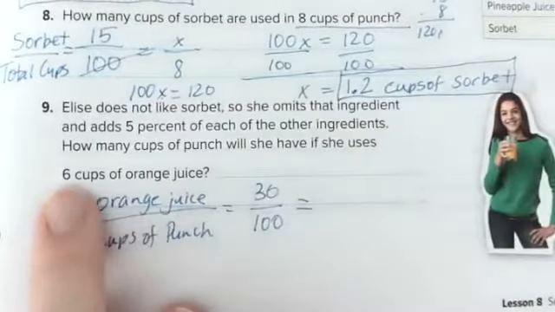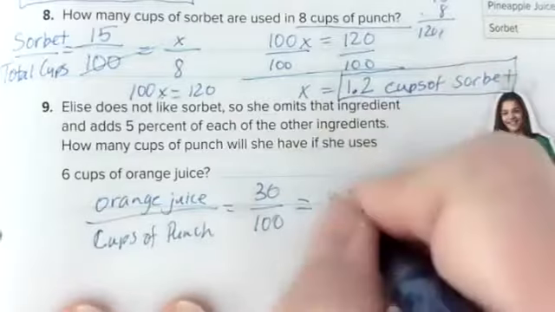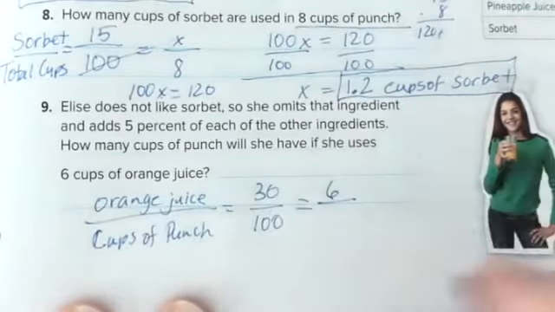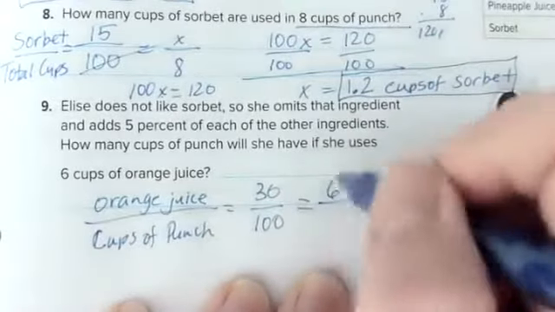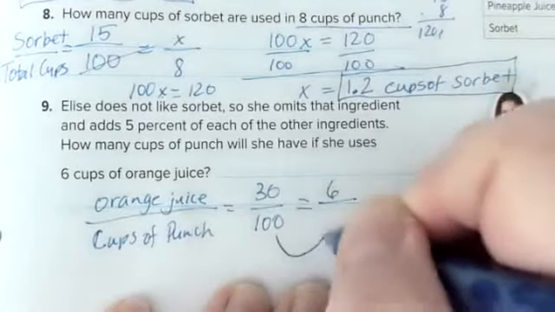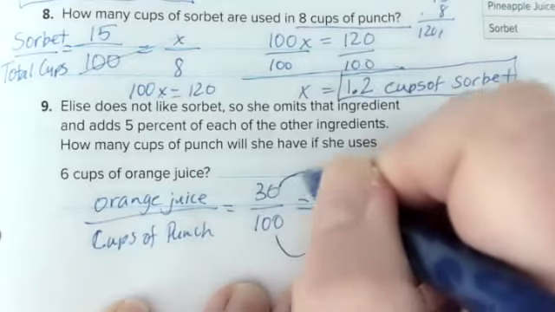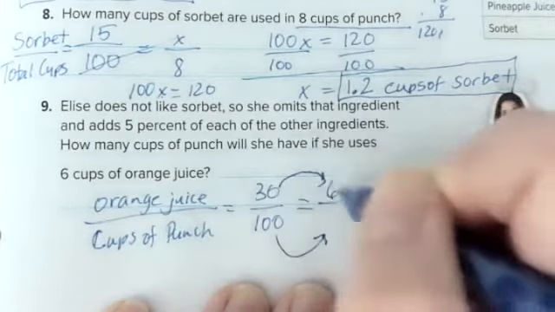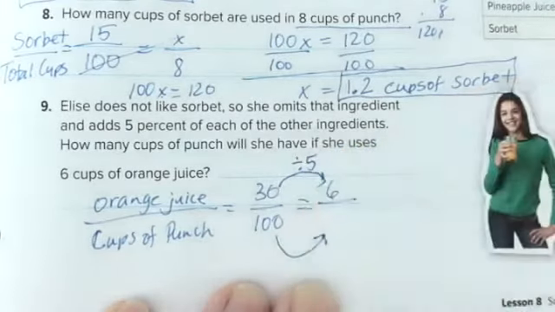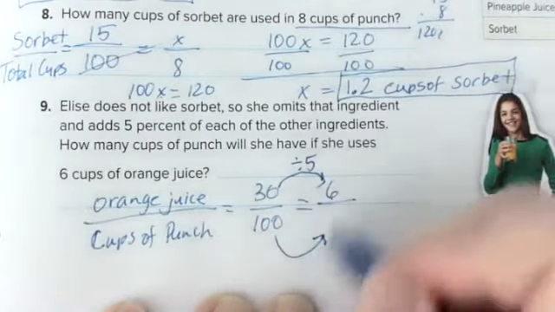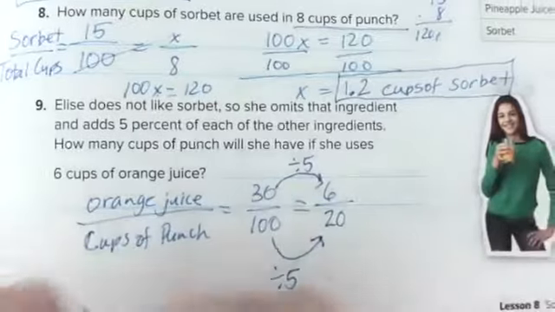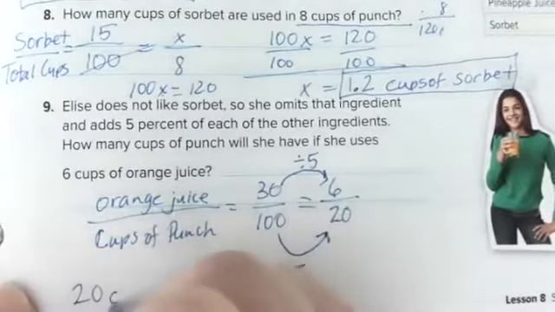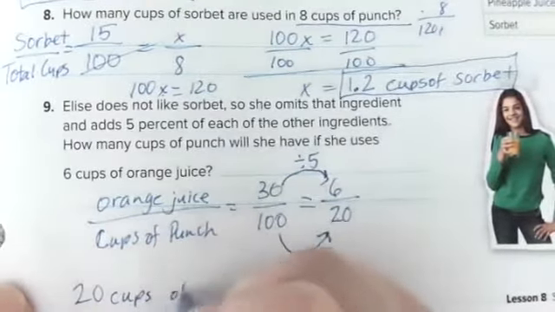And she's using 6 cups of orange juice, so that goes in our numerator. And then how many cups of punch will she have altogether? Okay, so to get from 100 to here, we look in our numerator for the relationship. To get from 30 to 6, we need to divide by 5. So to get from 100 to our answer, we need to divide by 5, which would be 20. So 20 cups of punch.